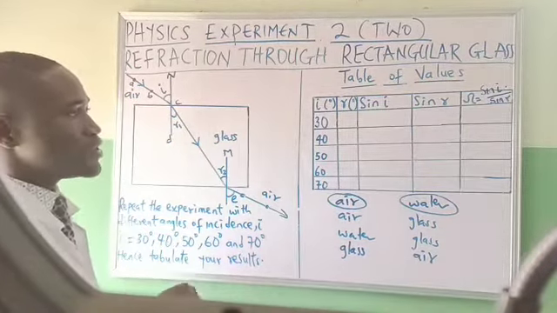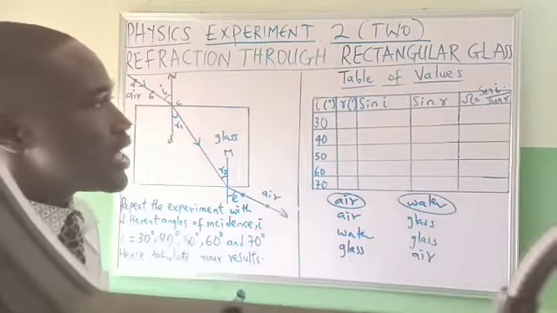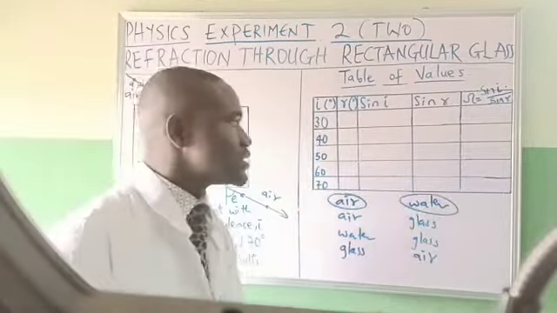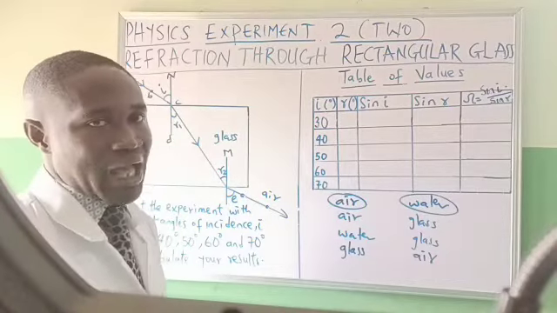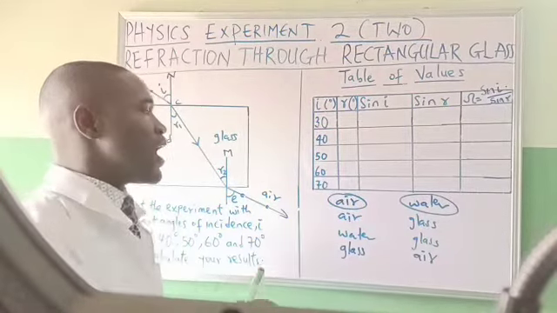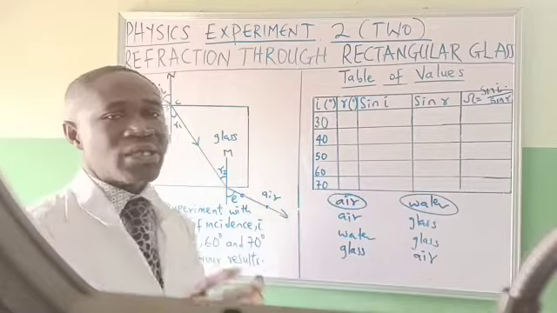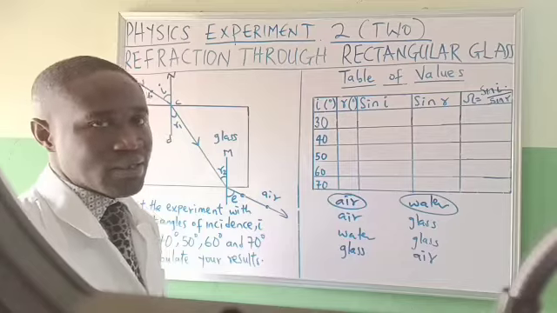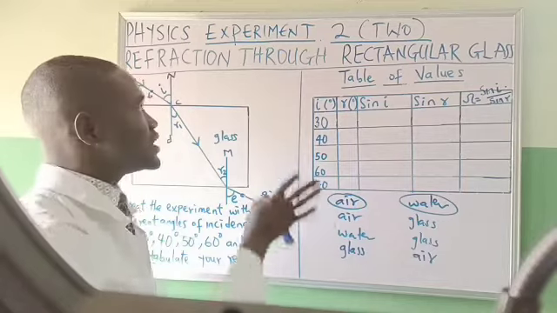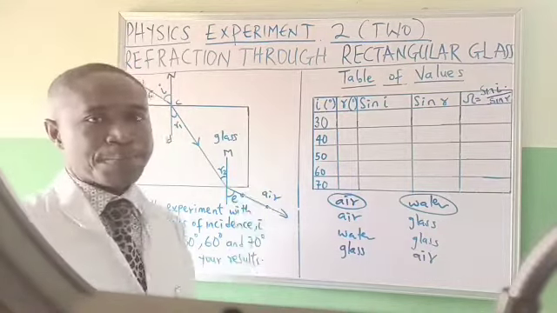Now, the essence of this video is for us to see how to get the readings that you will use to plot your graph without touching apparatus. Maybe you are asked to perform this experiment at midnight, or where there is darkness, no light, because this experiment deals with light.